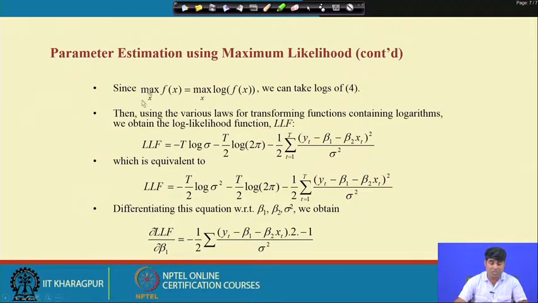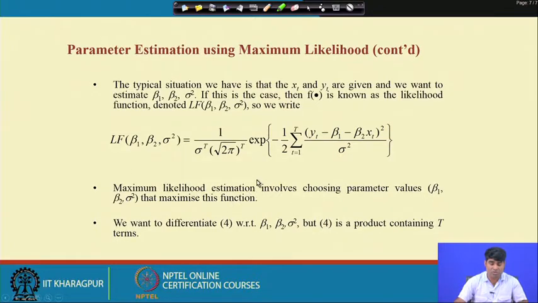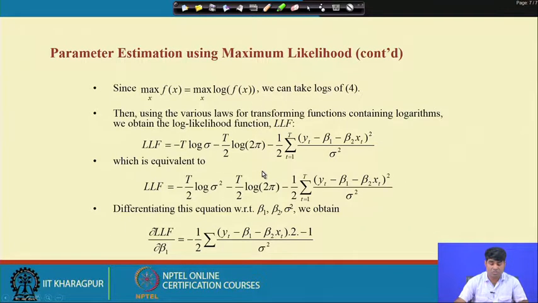So, if you move further as per the given instructions, the first one to differentiate is dLLF by d beta 1, which is this much and is equal to 0.